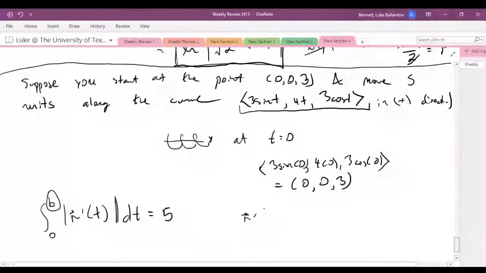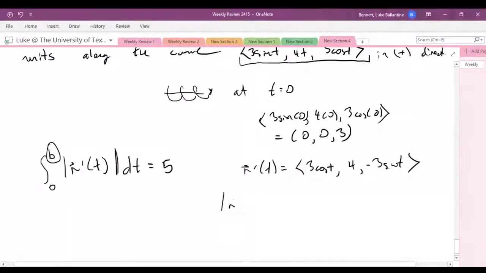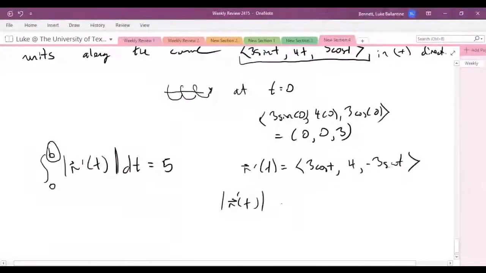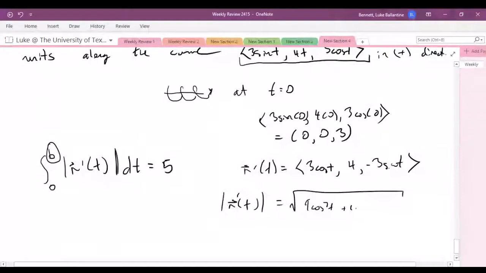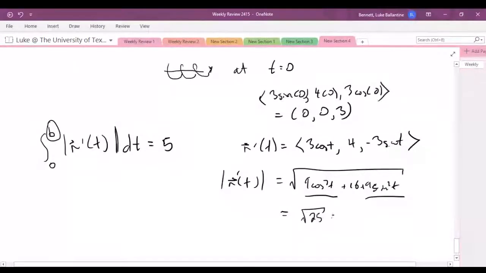So r prime of t is going to be 3 cosine t, 4, negative 3 sine t. The magnitude of r prime is equal to the square root of 9 cosine squared t plus 16 plus 9 sine squared t. 9 cosine squared t plus 9 sine squared t is really just 9. Then we're adding 16 to that, so that's root 25, which is just 5.